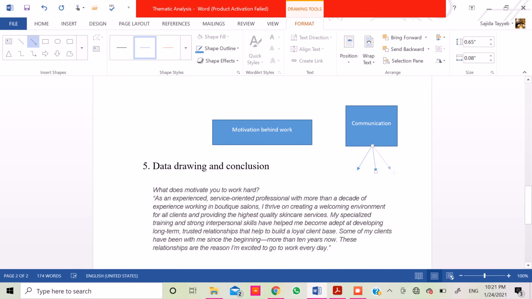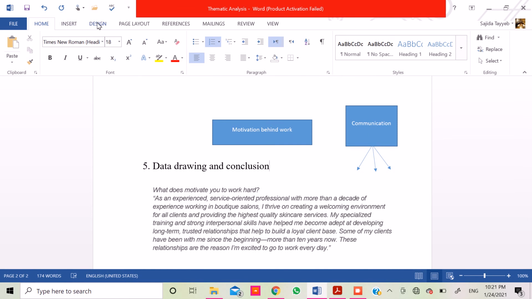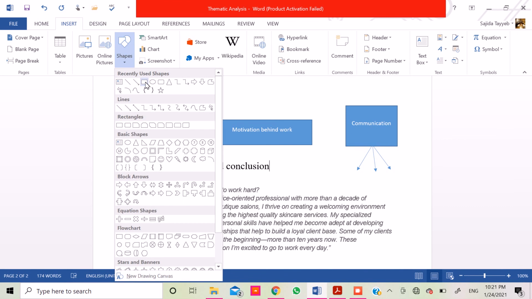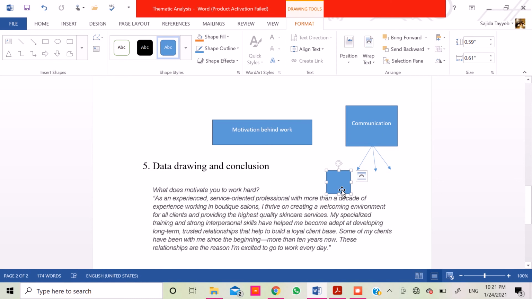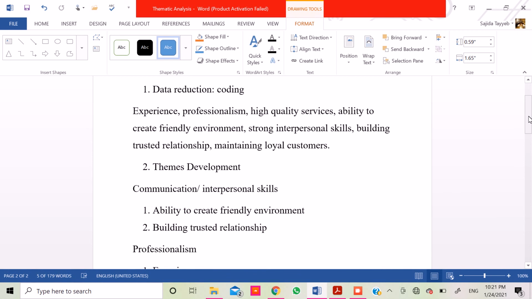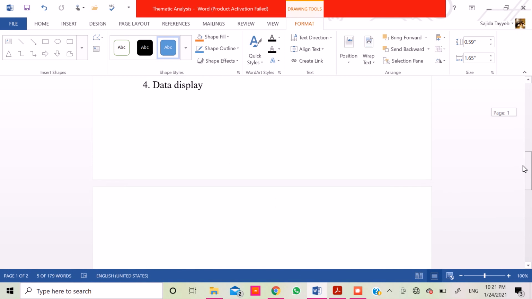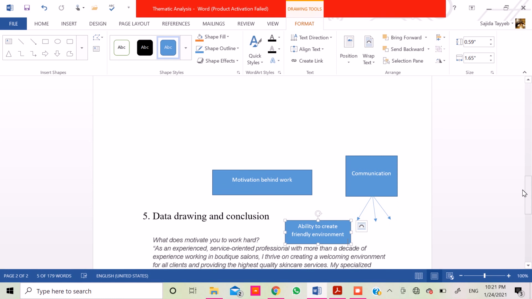I remember within this, we described, first of all, let's call it ability to create friendly environment. Let's do it slightly like this, and so on. Whatever number of themes that you have developed, you can display it like this. It totally depends on your own creativity, how you can display your data.